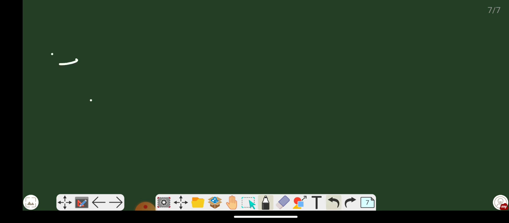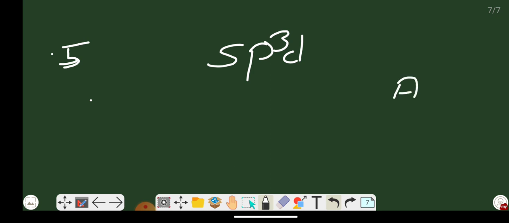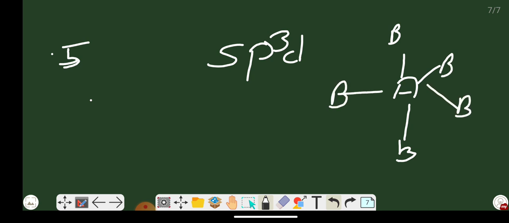Now if the molecule has 5 bond pairs, then the hybridization is sp3d, and the shape is trigonal bipyramidal. So let's take the example A with five B atoms.